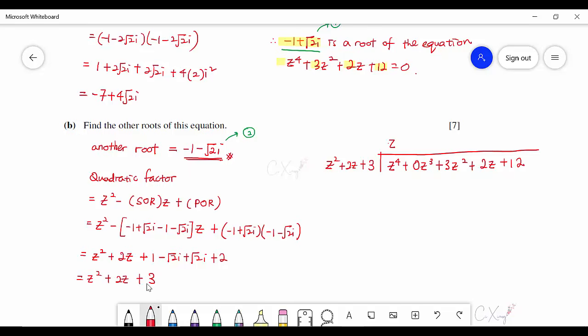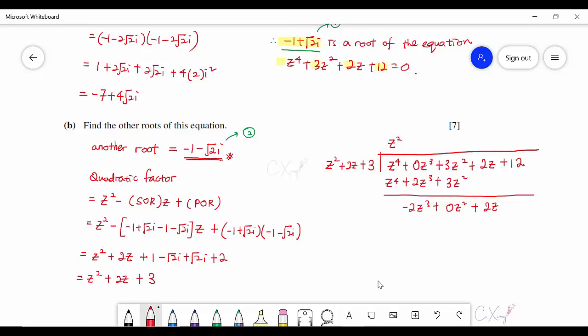So I'll multiply it with z squared, so I have z power 4. Then z squared multiplied with 2z, I have plus 2z power 3, then plus 3z squared. So negative 2z power 3 plus 0z squared plus 2z. Then I continue again.